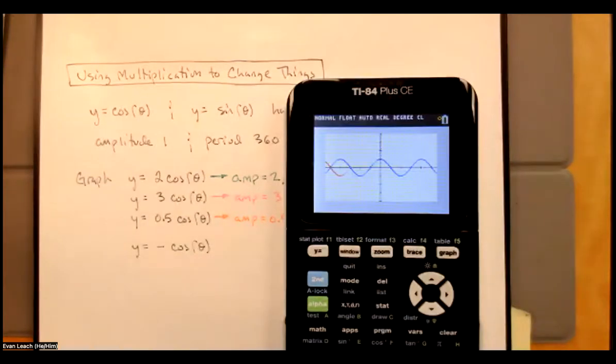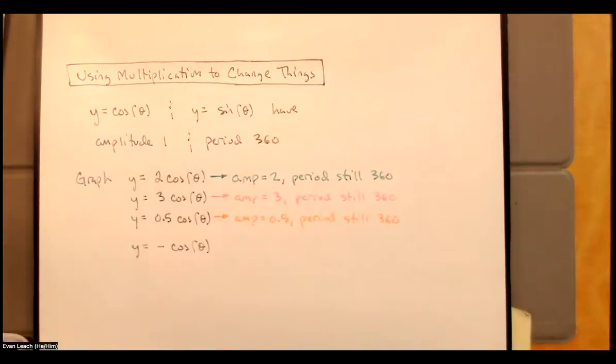And here comes the graph of negative cosine. We've taken all the y values and multiplied by -1. So where the graph crosses the theta axis, still 0, because 0 times -1 is 0. But instead of starting at the top, instead of cosine of 0 equal 1, since we've multiplied by -1, it is -1. Our amplitude is still 1. Our period is still 360, but we ended up starting at the bottom.